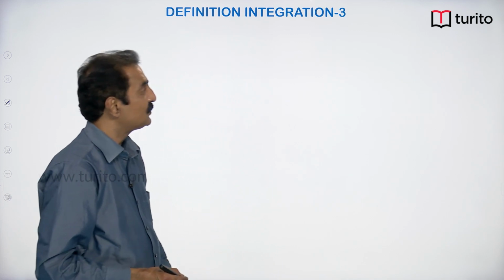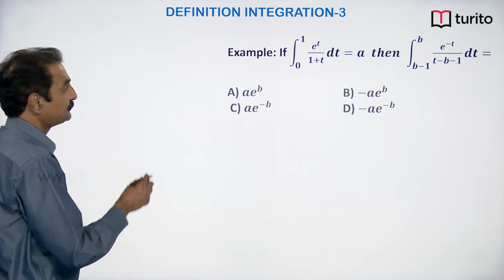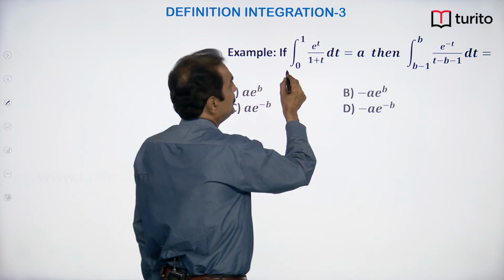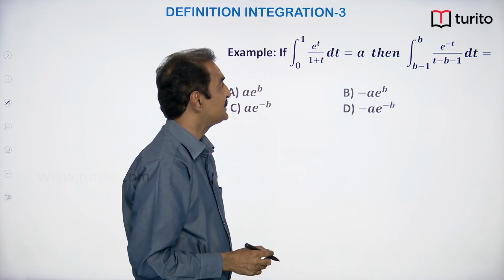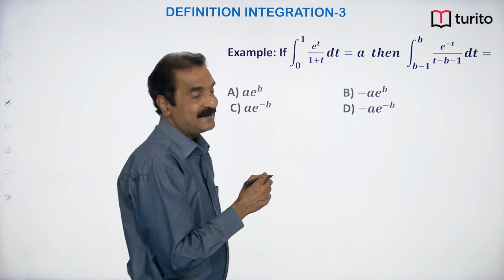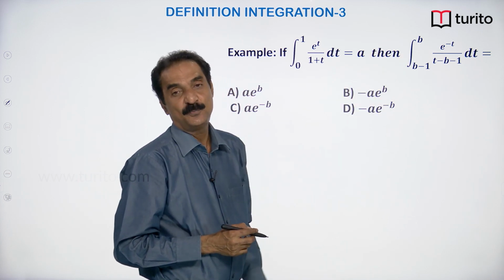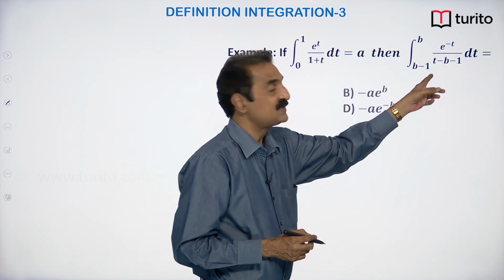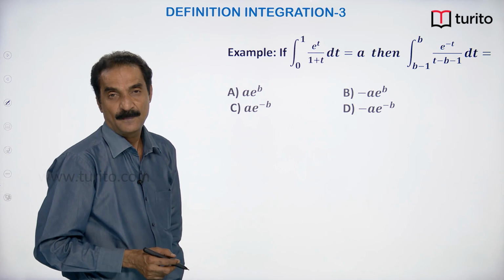Now let us solve one question on the above results. Integral 0 to 1 e power t by 1 plus t dt is given as a. Then what is integral b minus 1 to b e power minus t by t minus b minus 1 dt in terms of a and b?